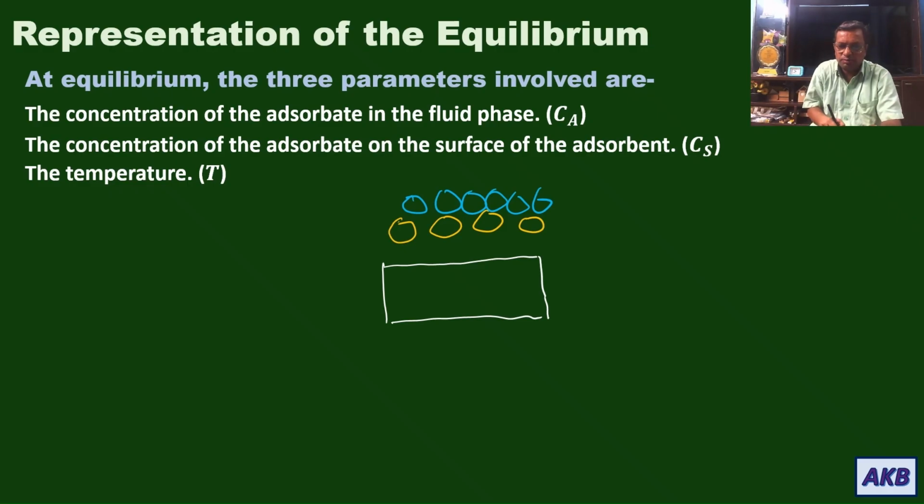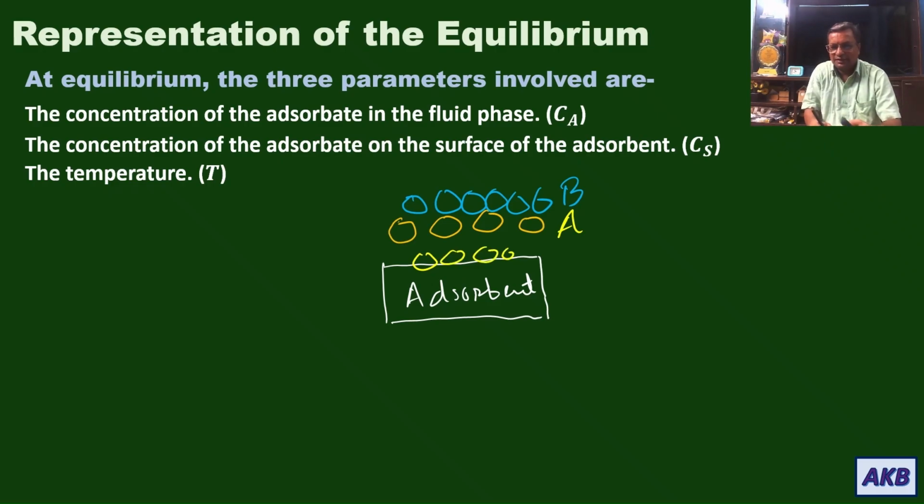So the adsorbent is contacted with the mixture of A and B. Now this adsorbent, if it has an ability to preferentially concentrate A on its surface, some of the A molecules will be going onto the surface.